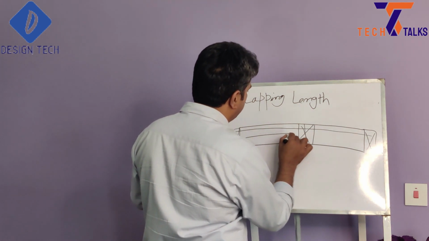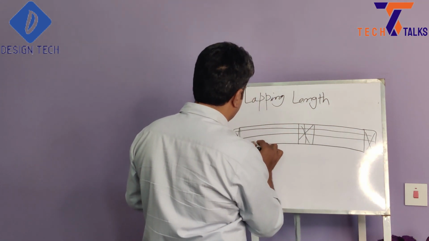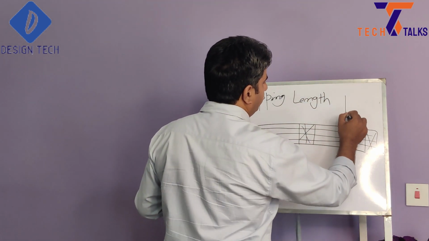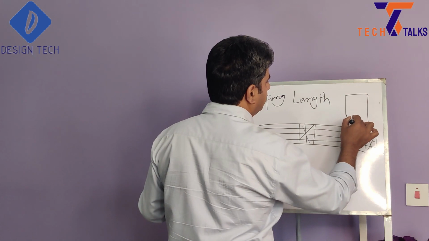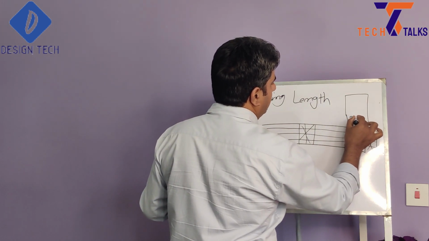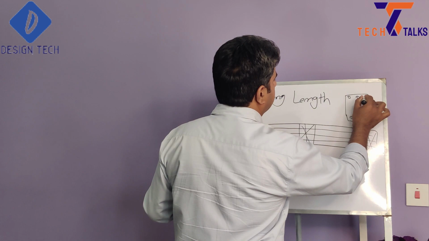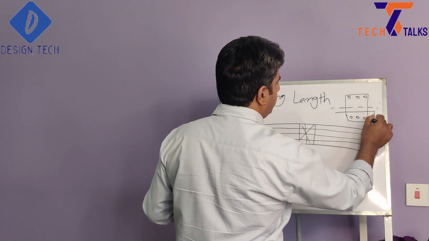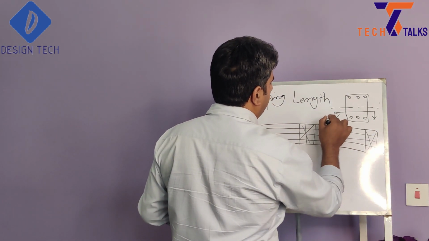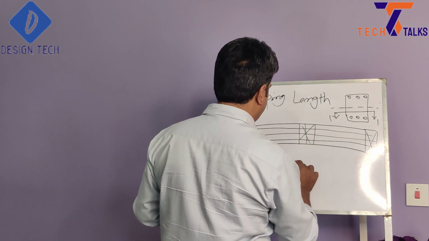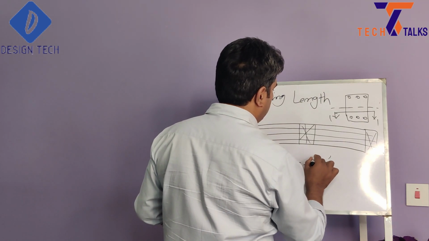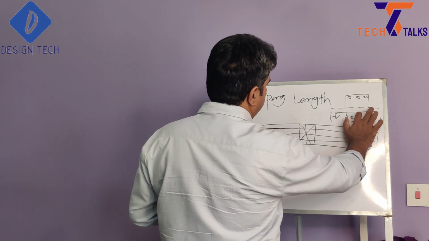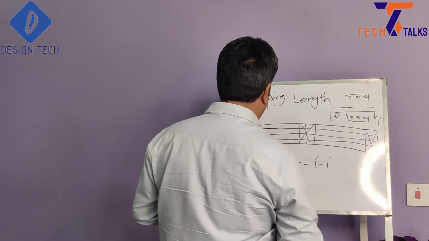Suppose we have 3 bars in cross section. Imagine these are the bottom reinforcement. If we show the cross section of the beam, these are 3 bars at the bottom, 3 on top, and this is the neutral axis, and we cut our section from here. Our section 1 is here. So we are looking at this bottom reinforcement in top plan.